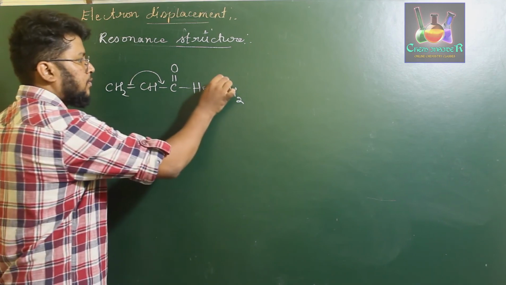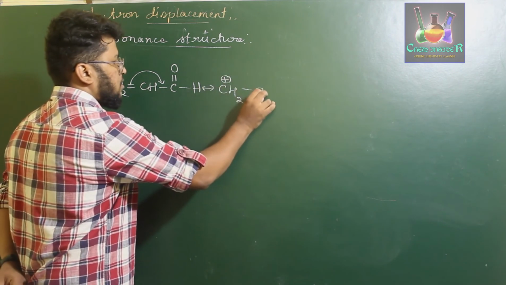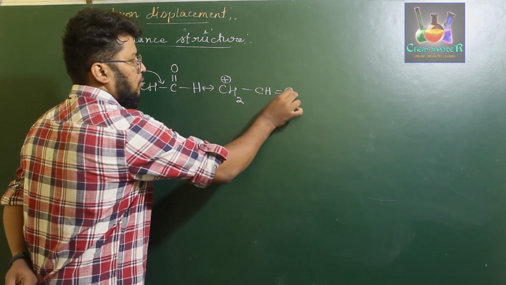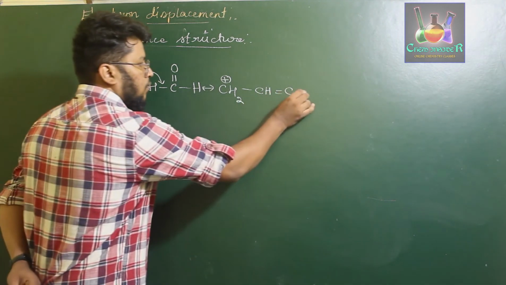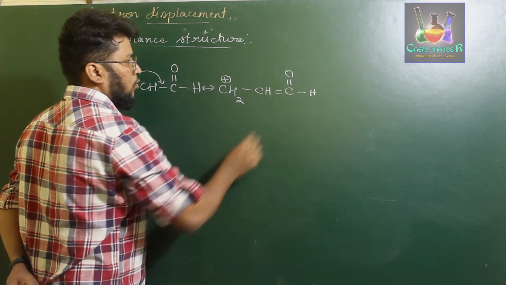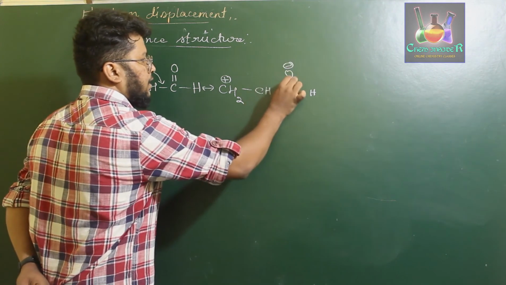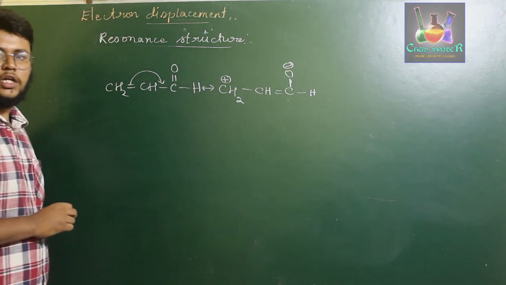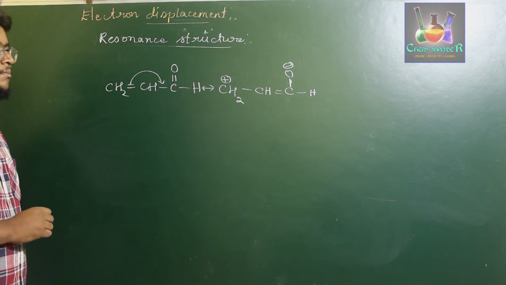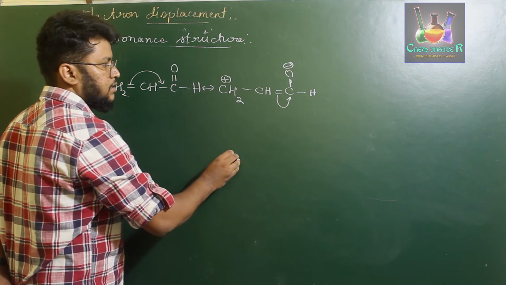CH2 with a positive charge, CH double bond C, one hydrogen over here, and double bond O, O minus. This is one type of structure. Okay. And further, we can observe one more shift in the bonds like this.